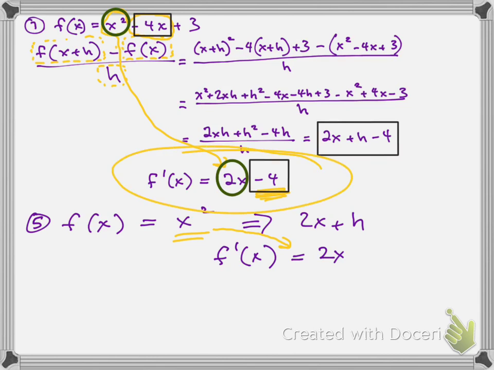Okay, now let's see if we can extend this, and we're going to do this quickly using what we know about binomial expansion. Let's do f of x equals x cubed. You need to write this. Does anybody want to take a guess at what the difference quotient might be once it's simplified?